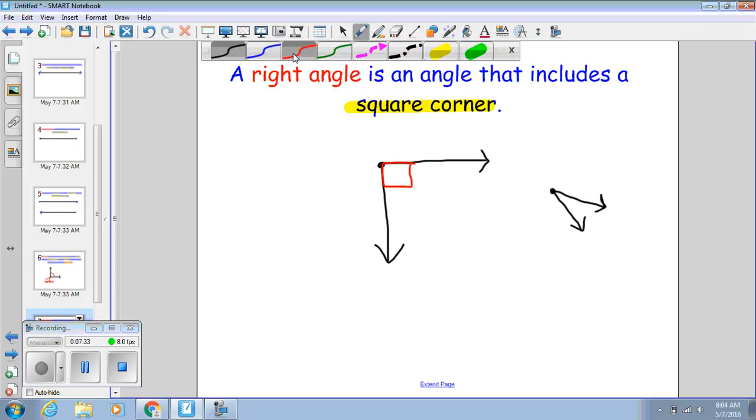Let's get another marker. This is the angle right there. This is not a square angle, though. This is not a right angle. This angle is not opened up to the degree that this one is. I can't form a square inside of that angle. So a right angle is an angle that includes that square corner.